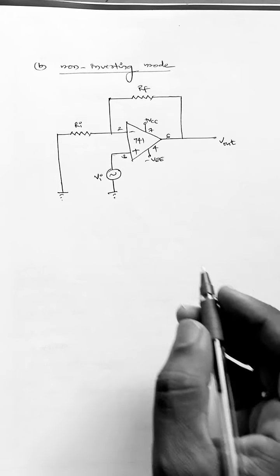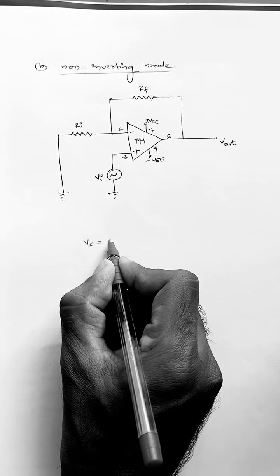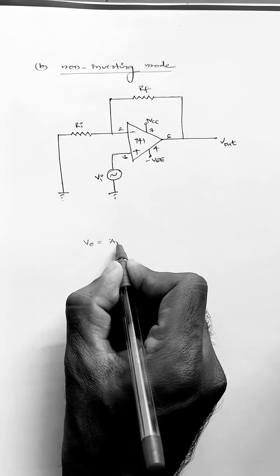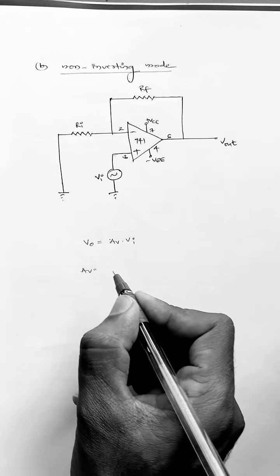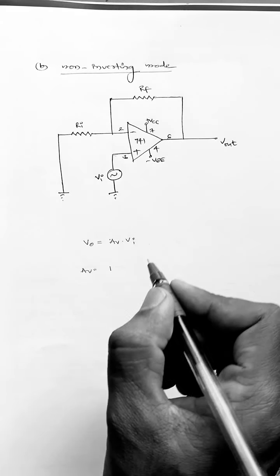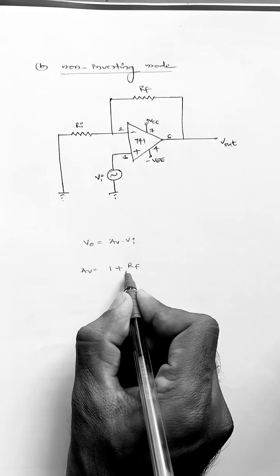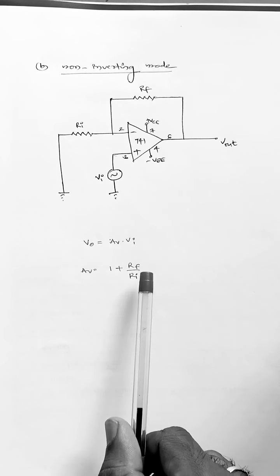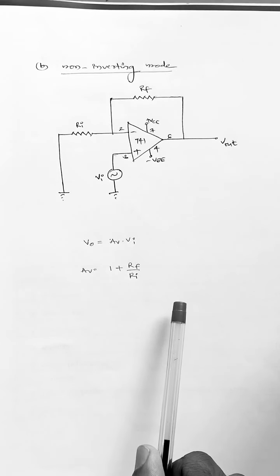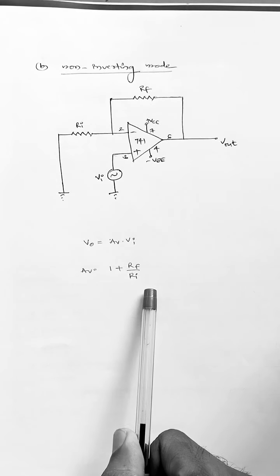As discussed previously, the output voltage is gain times V in, but the gain in the non-inverting case is 1 plus RF by Ri, not minus RF by Ri as in the inverting mode.